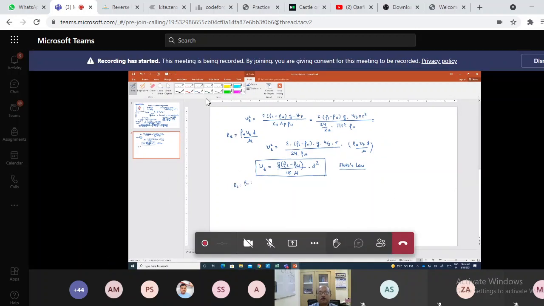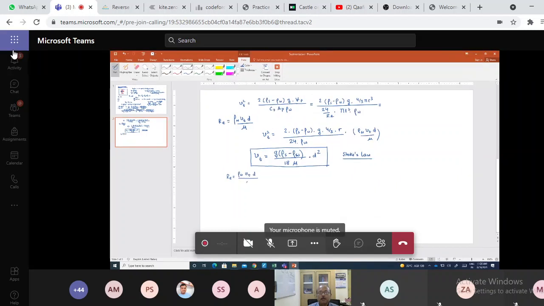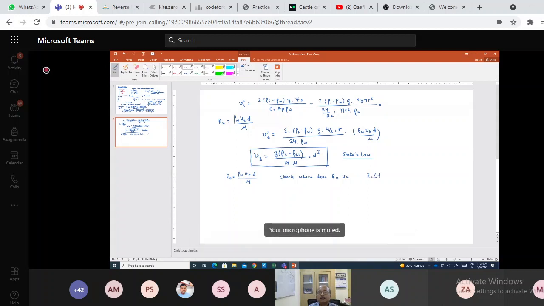You have rho W, you now know Vt, you know the value of d, and you know the value of mu. So you can find out the value of Re and check where Re lies. If Re is less than 1, then you're fine. You can say that my assumption is correct because it is in the laminar zone, so the value of Vt is what we have found out.